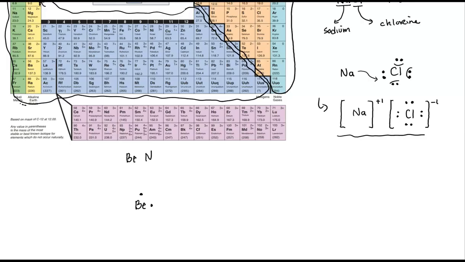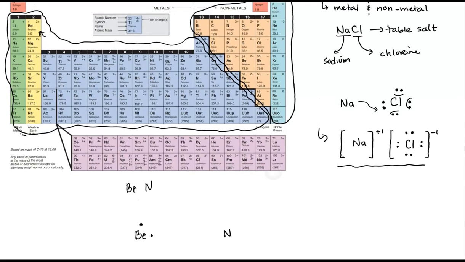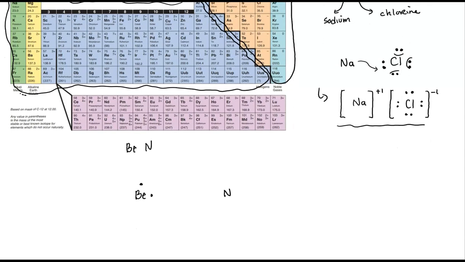And nitrogen, it's in group 15, so it has 5. 1, 2, 3, 4, 5. Okay, so last time we could easily see that it would transfer its 1 electron. In this case, would beryllium be more likely to take the 5 electrons to give itself a full octet, or give them away?